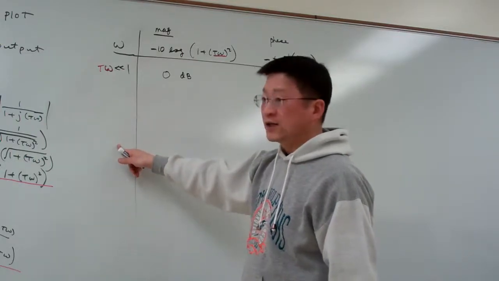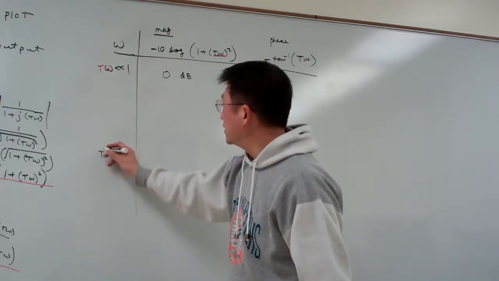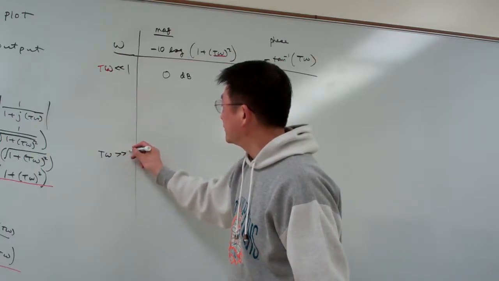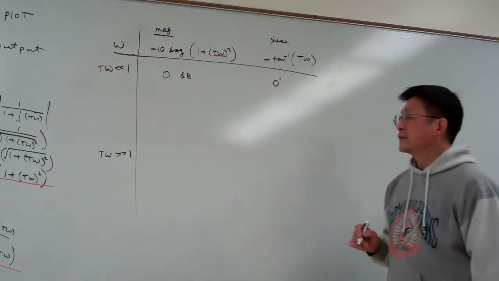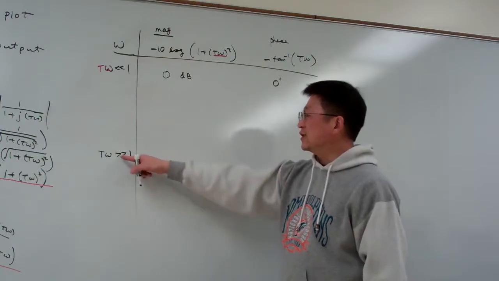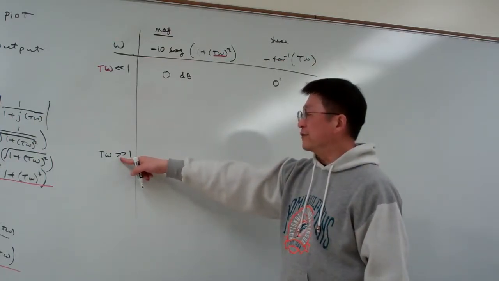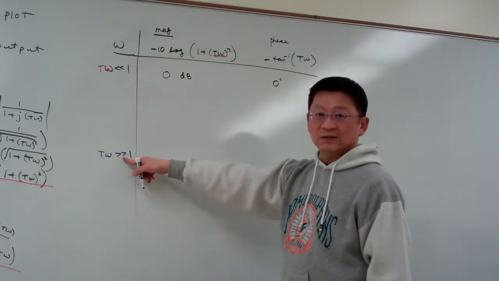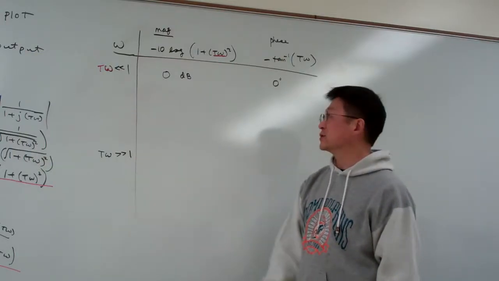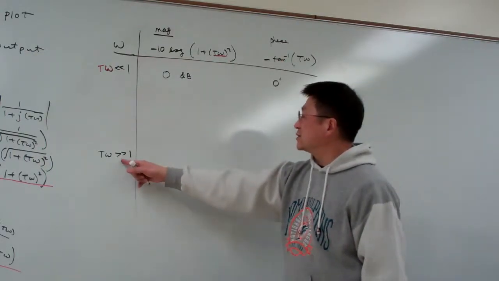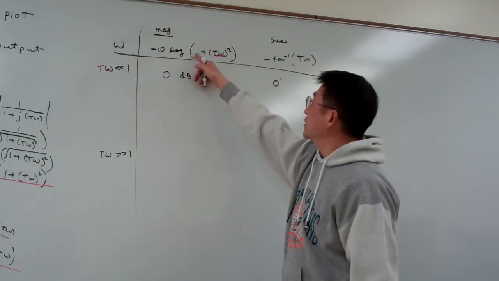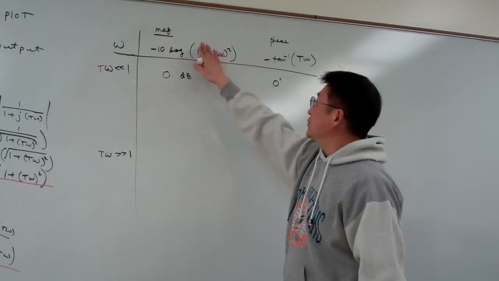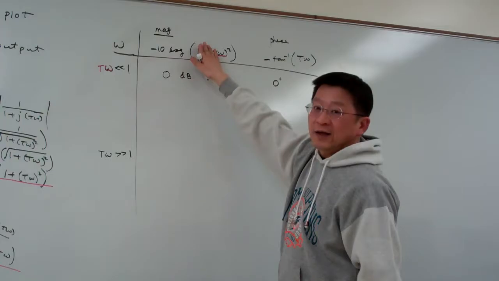Let me go to the other extreme situation, when T omega is so big. Basically this symbol means an order of magnitude larger, so at least 10 times larger. That is the numerical symbol here. So for this case, the number in the parentheses can be approximated simply by (T omega) squared.